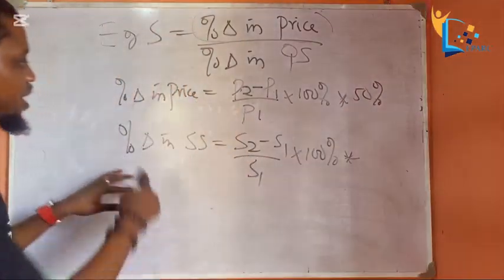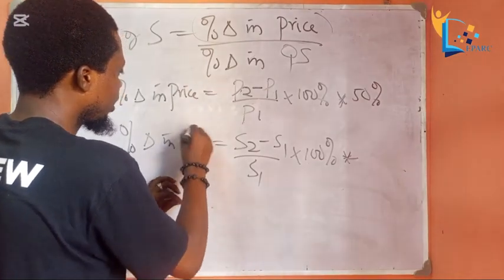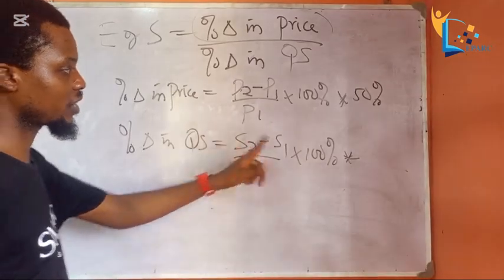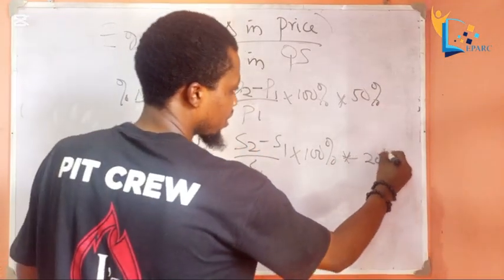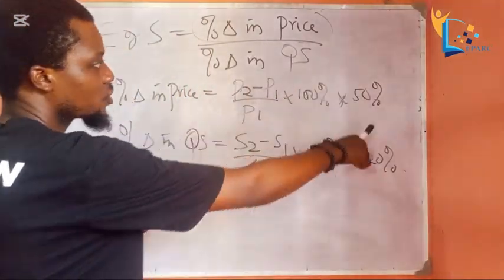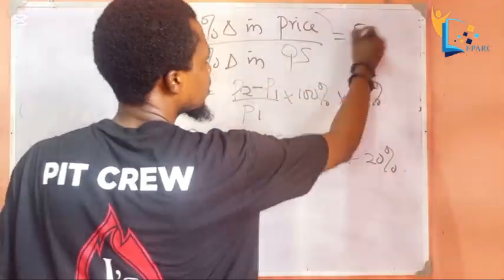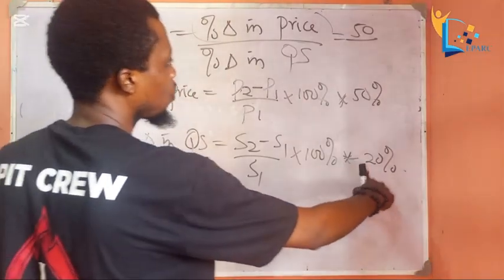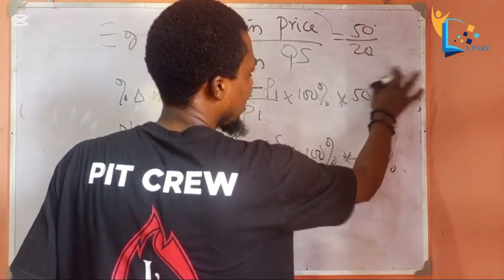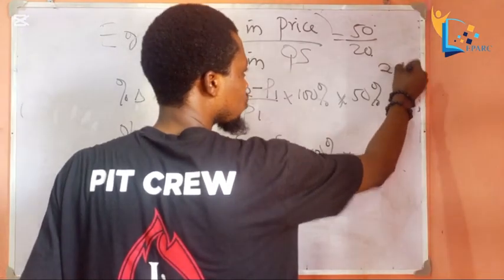Then percentage change in quantity supplied is S2 minus S1 divided by S1 times 100%. Let's say you got 20% here. To get your final result, you substitute, 20 divided by 50.